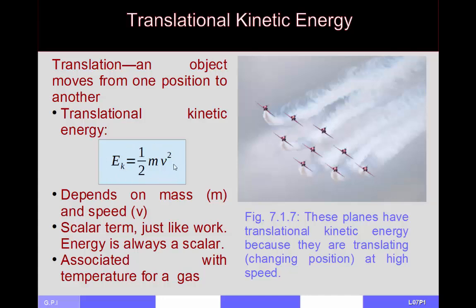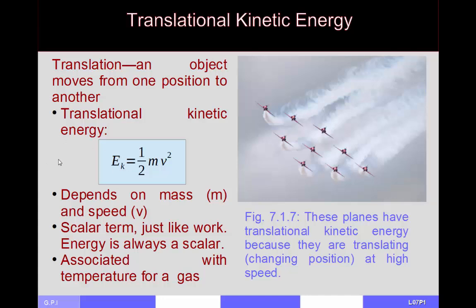If you have more than one object, then you can just keep adding half of the mass of the next object times the speed squared of the next object, etc. But usually when you get to a very complex system, such as figuring out what kind of kinetic energy you have in a gas, you can associate this translational kinetic energy with the temperature of the gas. And so temperature actually can be thought of as a measure of the average translational kinetic energy of the molecules in the gas.